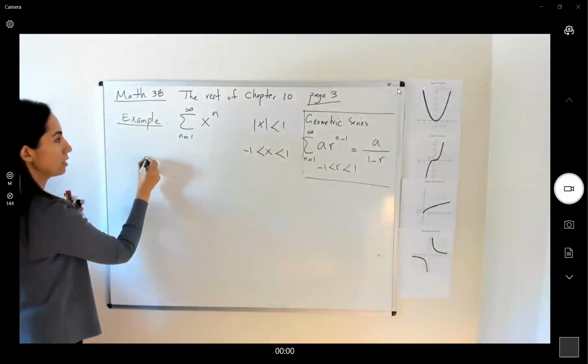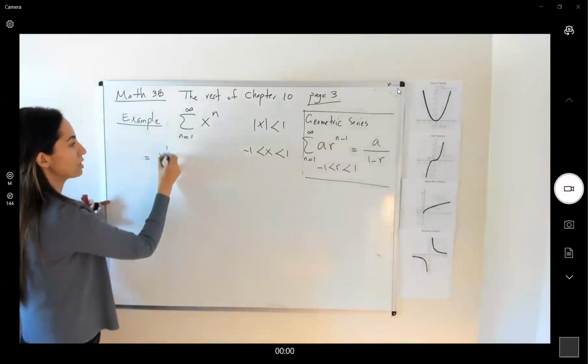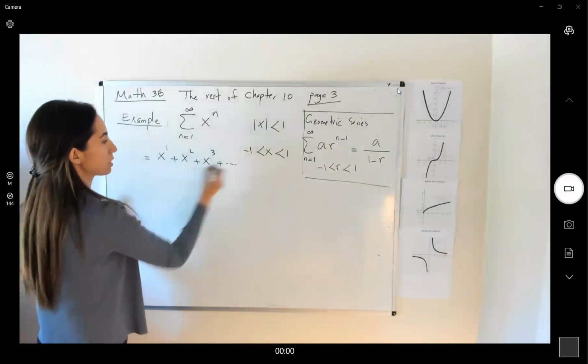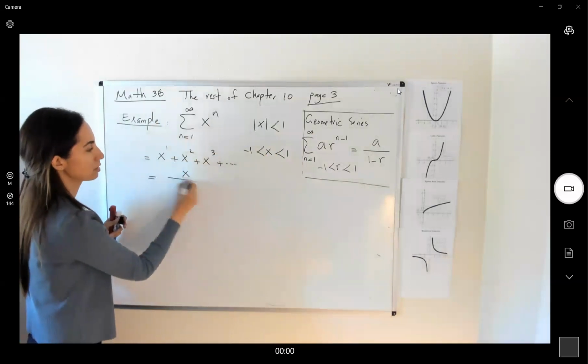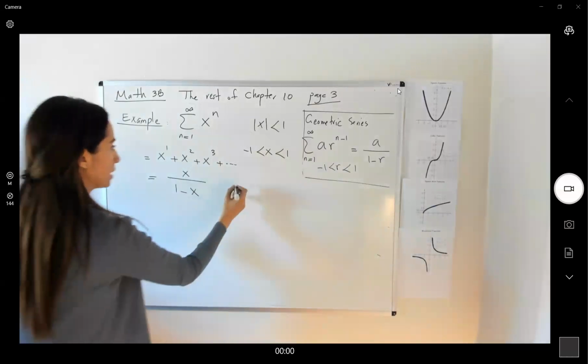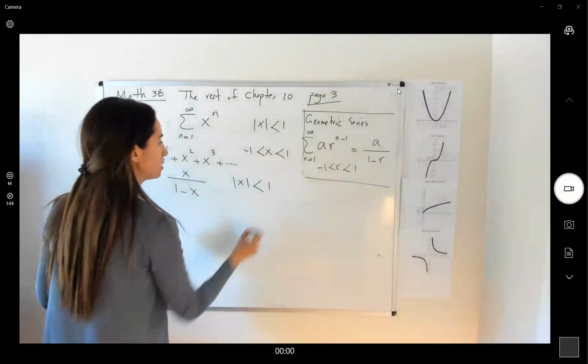If you write some terms of this series, you get x to the first power, x to the second power, x to the third power, plus the rest of them, which is equal to the first term, x, divided by 1 minus x. Again, absolute value of x must be less than 1.